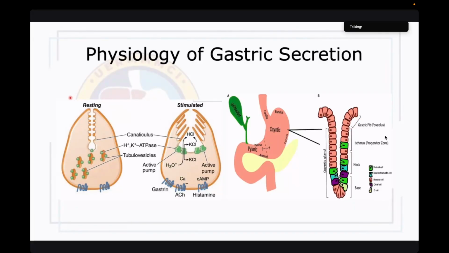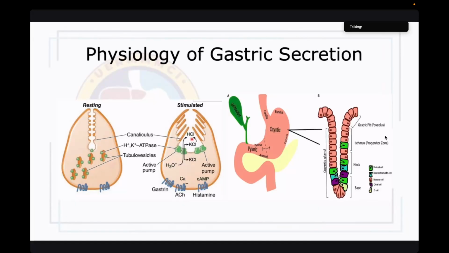On the left is the resting parietal cell, and this is how parietal cells are when stimulated by gastrin, acetylcholine, and histamine. So there is activation of the hydrogen potassium ATPase pumps or proton pumps, and this is the final common pathway which secretes hydrogen and chloride into the gastric lumen to form hydrochloric acid.